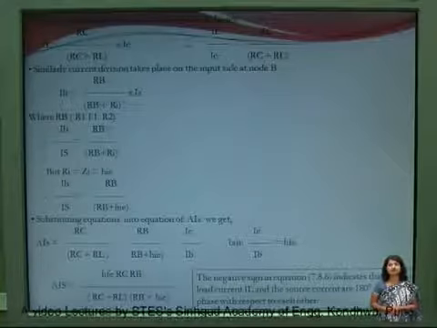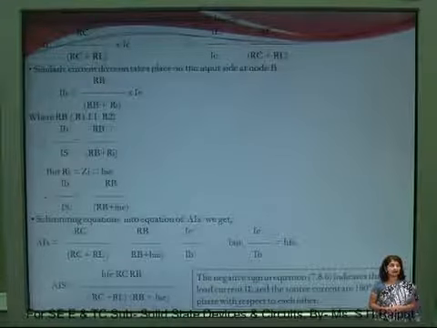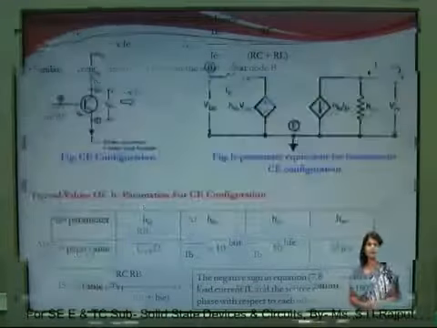Here the negative sign indicates that the load current IL and the source current are 180 degrees out of phase with each other.